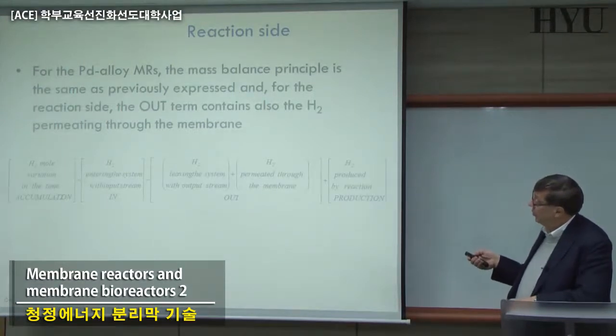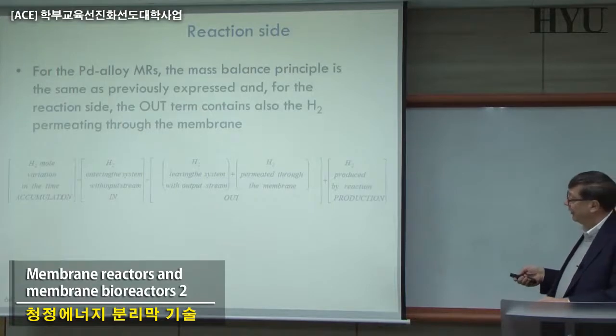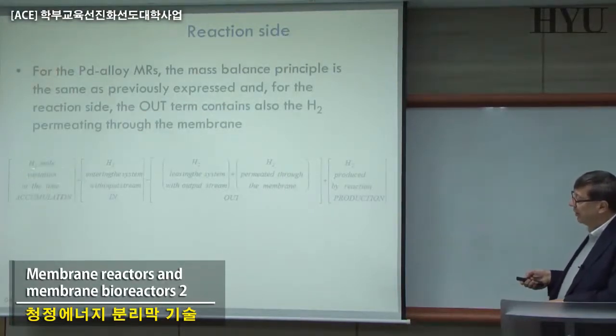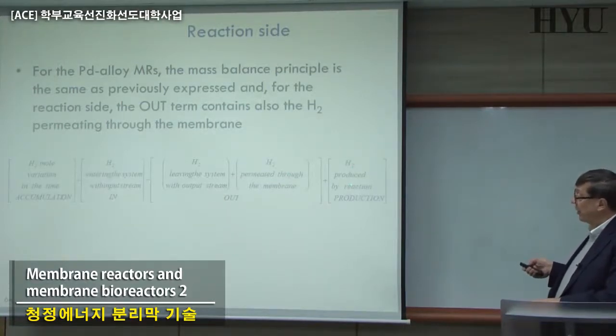So you are normally working with palladium alloys, and we have to rewrite our equation, in which we have the term of accumulation, given by the hydrogen entering, the hydrogen going out, part of which is leaving the membrane and part is permeating through our membrane, and the hydrogen we are producing.